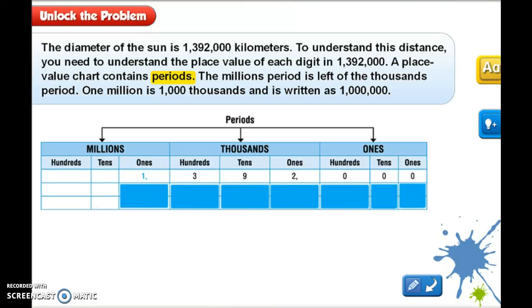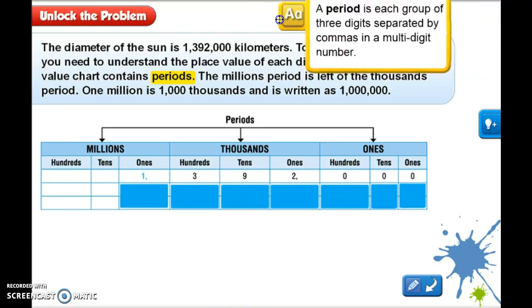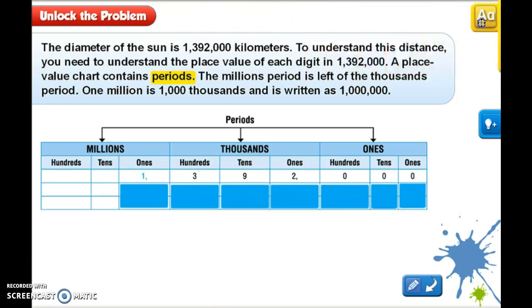The millions period is left of the thousands period. 1 million is 1,000 thousands and is written as 1,000,000. So a period is a group of 3 digits separated by a comma in a multi-digit number.